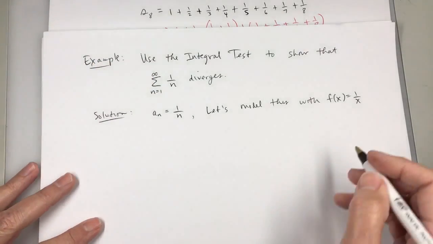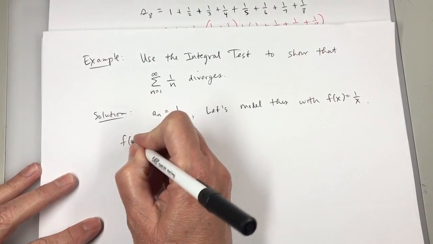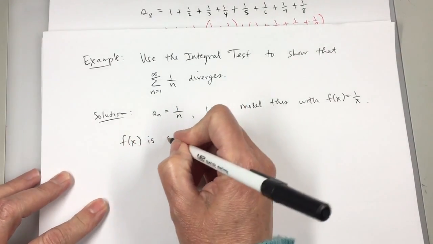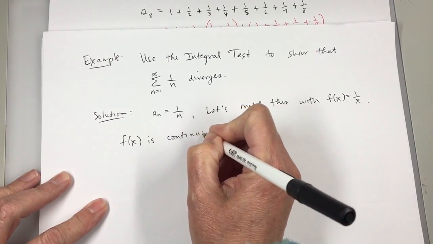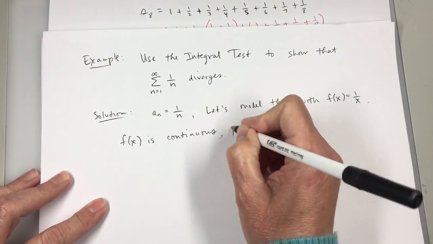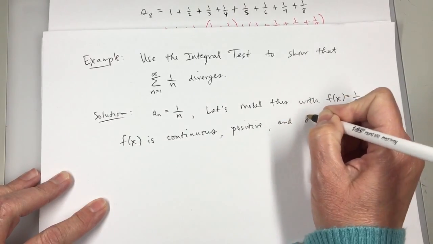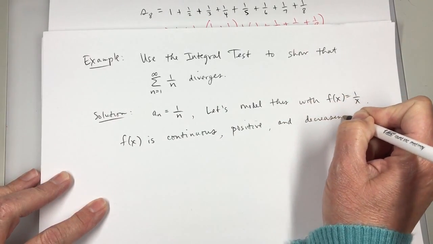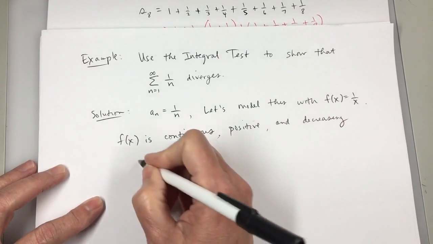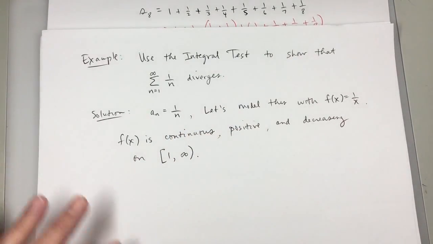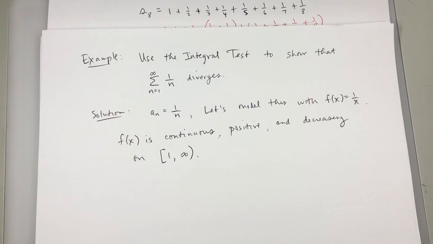And I can say this, f of x is continuous, positive, and decreasing on the interval 1 to infinity. Those are the conditions to be able to use the integral test.